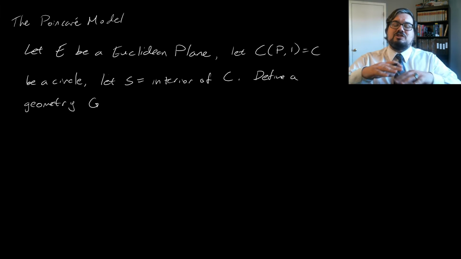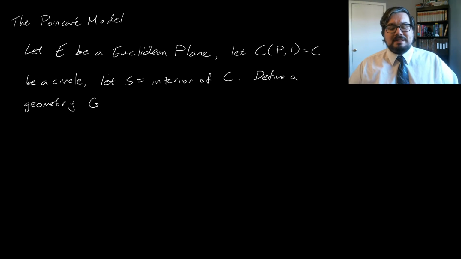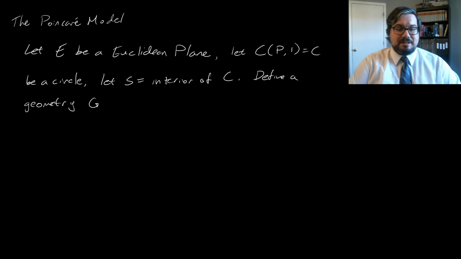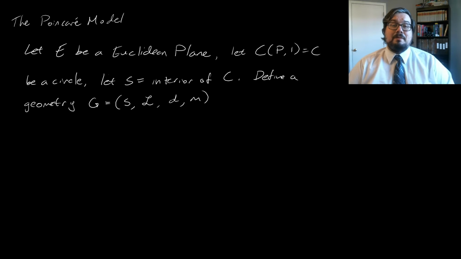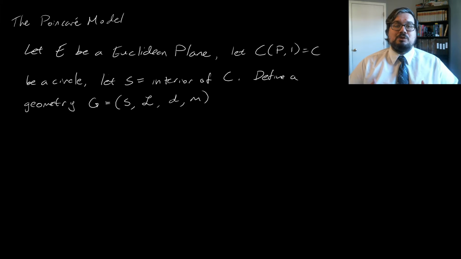We're going to be working in just a single plane here, but I also need to tell you what the distance measurement in the geometry is, and what the angle measure is. So we're going to get this geometry G, which is going to have a set of points, a set of lines, it's going to have a distance, and it's going to have an angle measure. And I need to describe to you what each one of these four elements are.